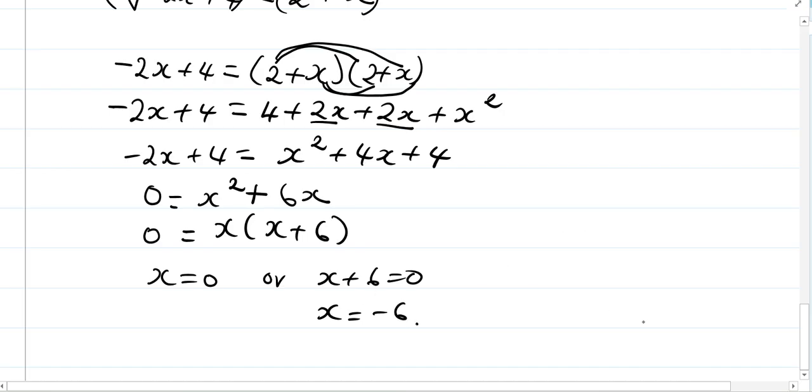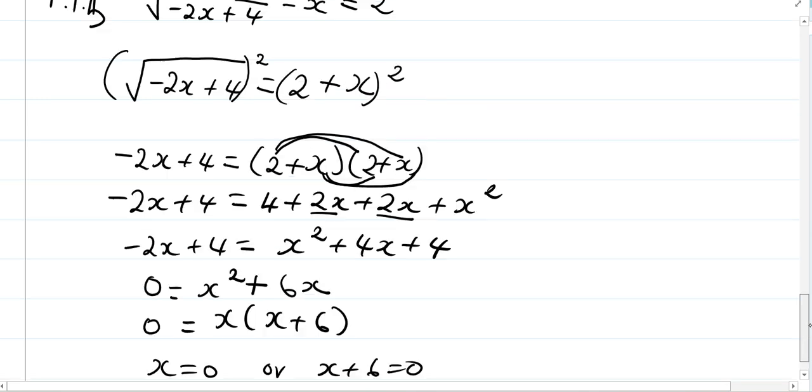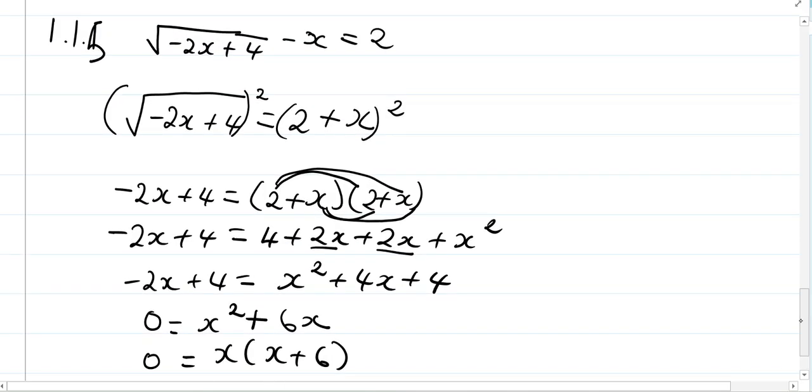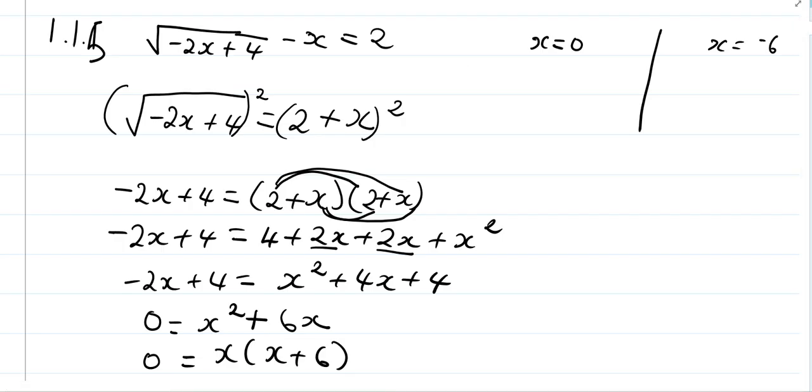But I am not done yet. When dealing with surd equations, at the end you need to check. So how do you check, ladies and gentlemen? Because I've got two values, I'm going to take a look at the left hand side.